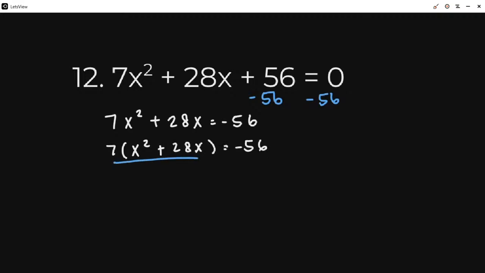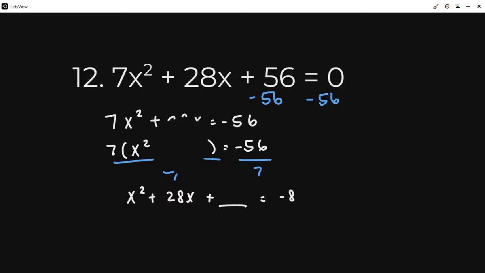And I'm going to divide everything by 7. So we're left with x squared plus 20x. And then this is where I'm going to complete the square. Equals negative 8. So then, oops, sorry. I forgot to divide this by 7. Okay, so this should be 4.